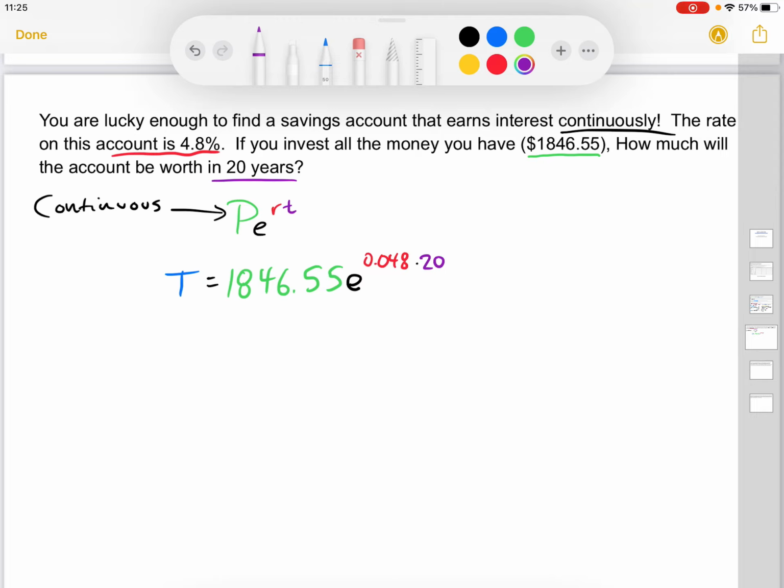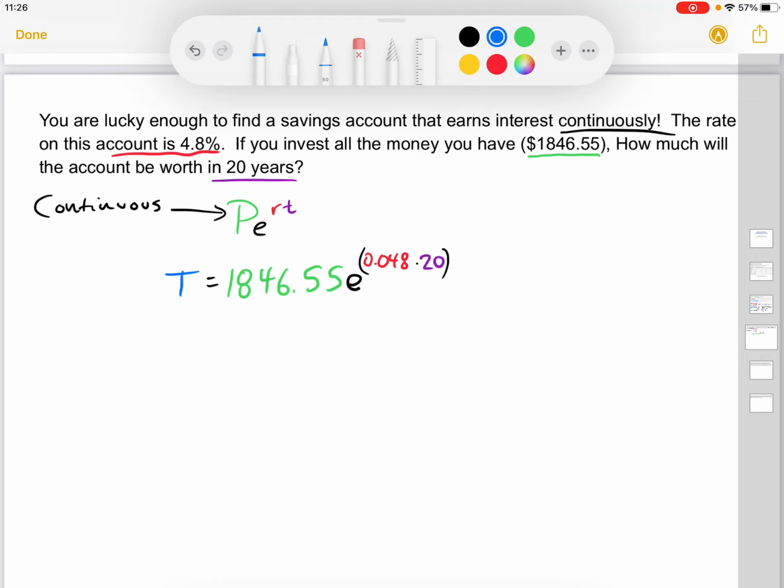You can go ahead and enter this all into your calculator all at once. If you do so, just make sure that you put parentheses around your exponent, just to make sure that it doesn't raise e to the 0.048 and then multiply everything by 20. Again, sometimes calculators don't do order of operations in the way that you intended them to.